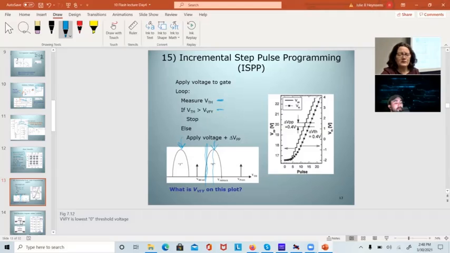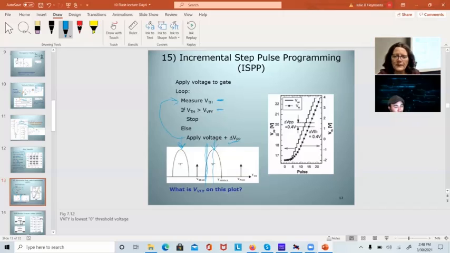So I set this V verify. If the threshold voltage is greater than whatever my minimum acceptable value is, I stop the program. Otherwise, I apply a slightly higher voltage to the word line. Then I measure the V threshold again, and I check and see if that one was good enough. And if it is, I stop. Otherwise, I just go on in a loop. You guys know about loops, they make you program.